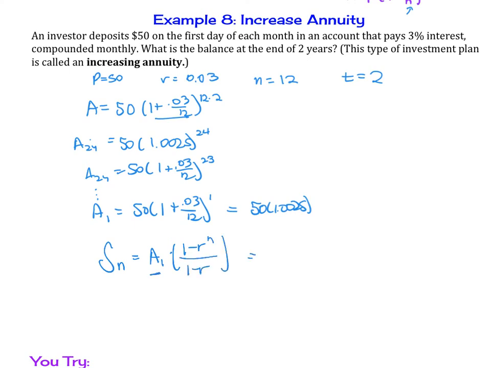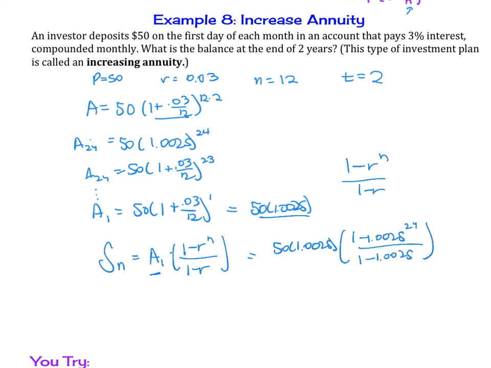Then we plug in that A sub 1, which is this one. So that's 50 times 1.0025. And then the 1 minus R, we're plugging in 1 minus 1.0025 raised to the 24th power over 1 minus 1.0025.